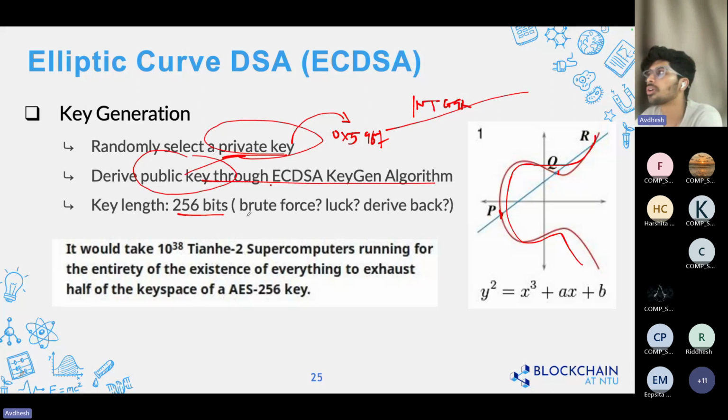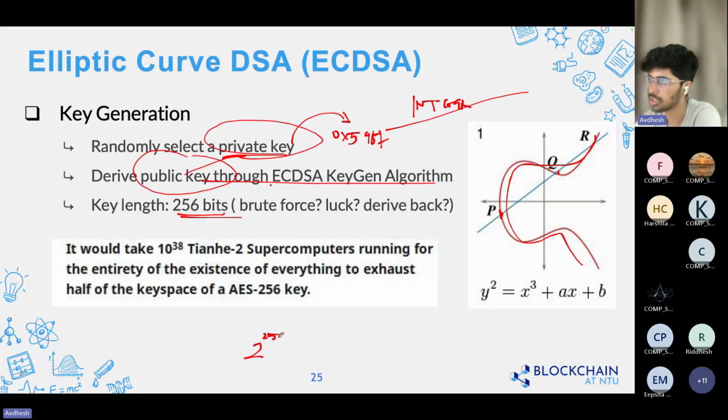You must be asking, is there any way to guess a private key or a public key? I would say there isn't, because since it's 256 bits, the number of private keys and public keys you can make is 2 to the power of 256, which is a way higher number.